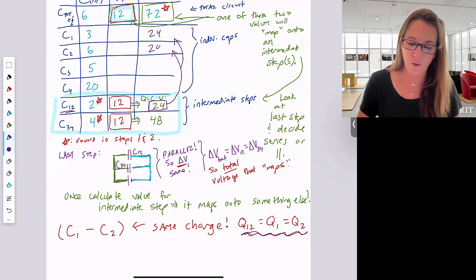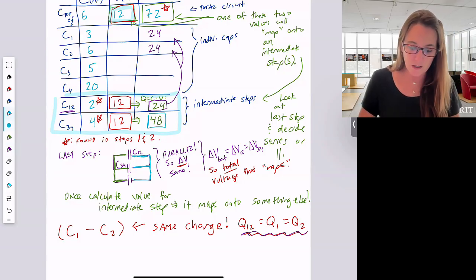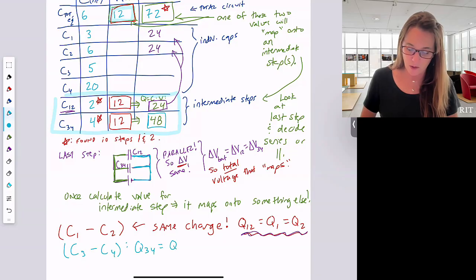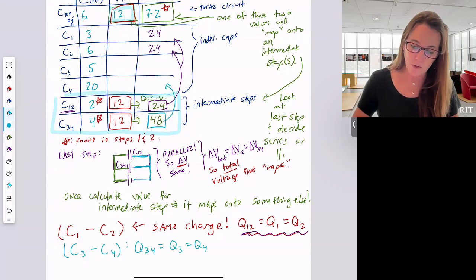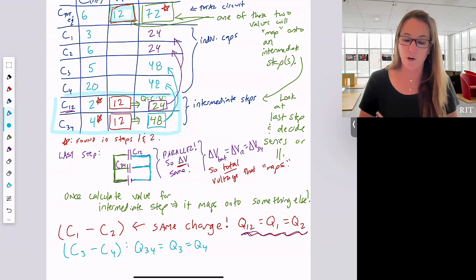So that's a 24 here. And likewise, the 48 is C34. C3 was in series with C4. So that tells me that Q34, which was 48, is equal to Q3, which equals Q4. So it is like a logic puzzle. We end up with 48 and 48.